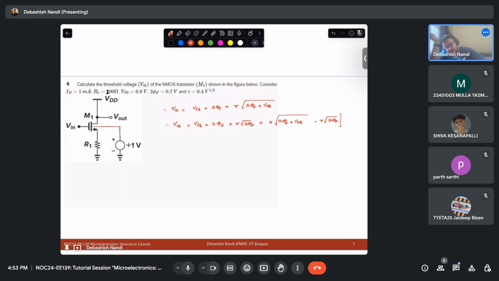So this is your VT0. So your VTH is equal to VT0 plus delta VT.